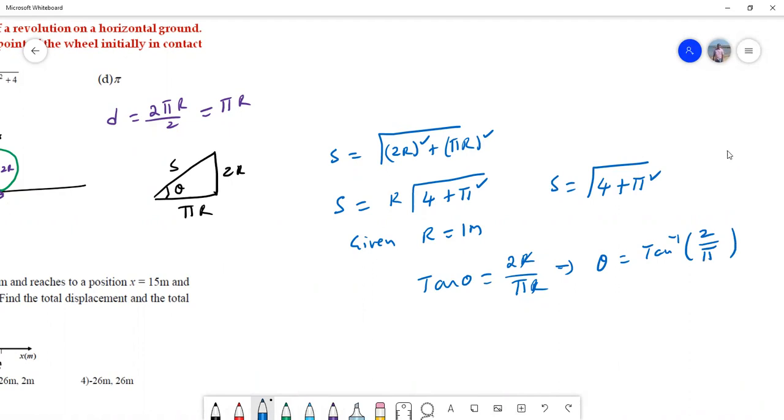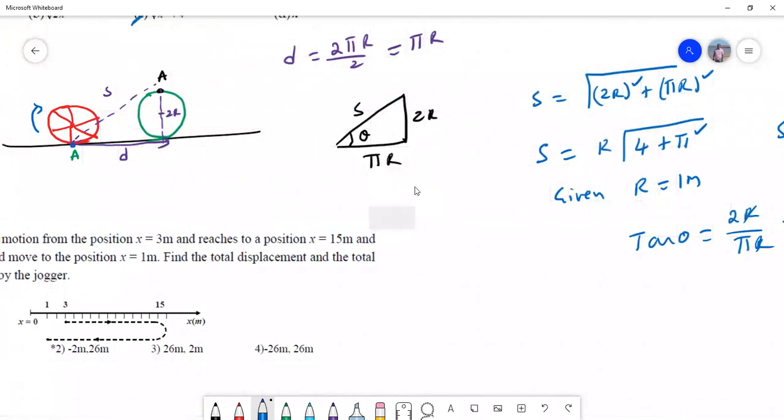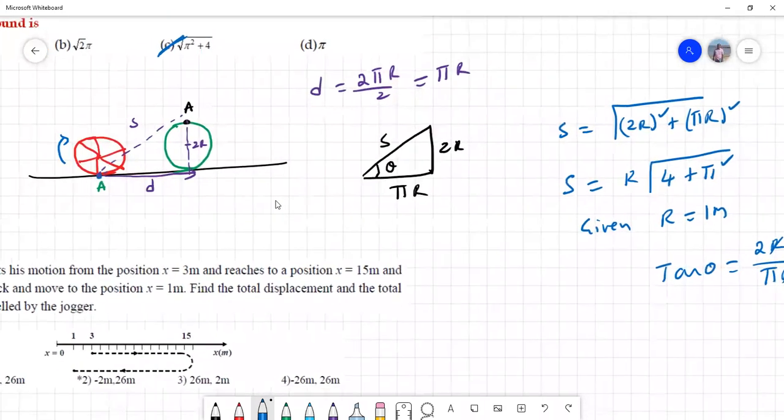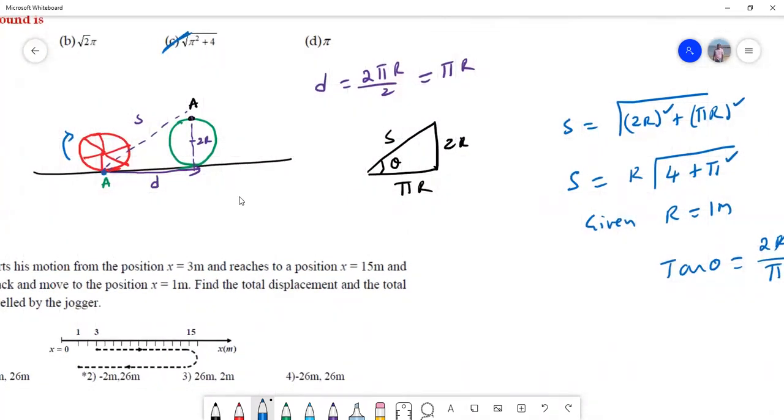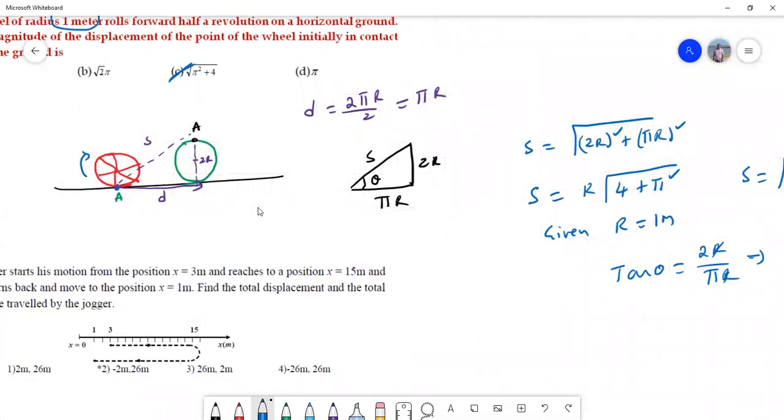Sometimes they ask you even the angle. What is the angle made by the particle with the initial direction? Here the particle was initially at point A. After half a revolution, it will be at this point. So displacement is this, and this is the distance traveled. Then I took a right angle triangle and calculated.